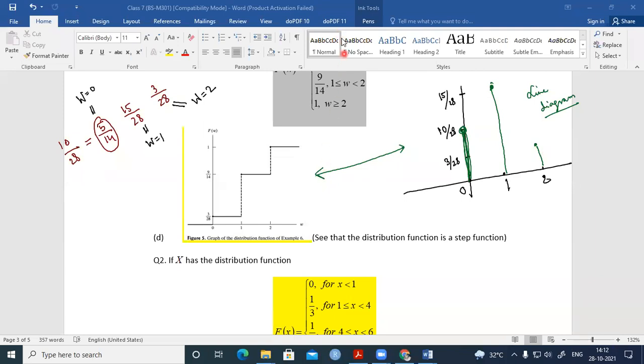So graphically, we can very easily understand the difference between two types of functions coming from the same system.